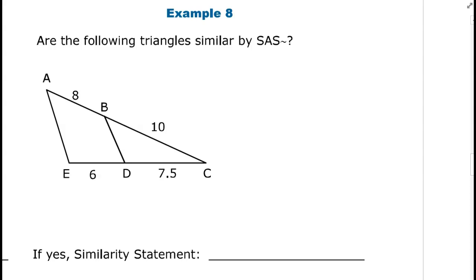The last example, example 8 here, are the following triangles similar by side angle side? And there's some empty space down at the bottom of the page that you can take notes. I'm going to draw it on this page so it's easier for everyone to see. So we need to check if the sides are proportional and we have the included angle. So I see a big triangle, and I'm going to draw that here.